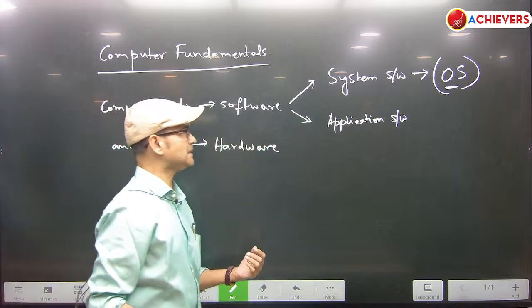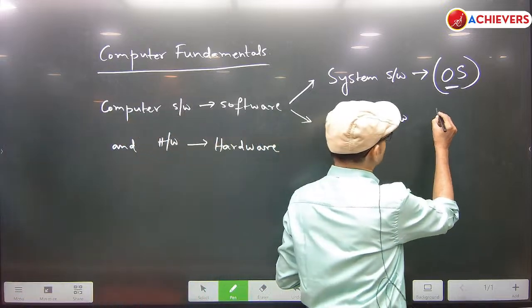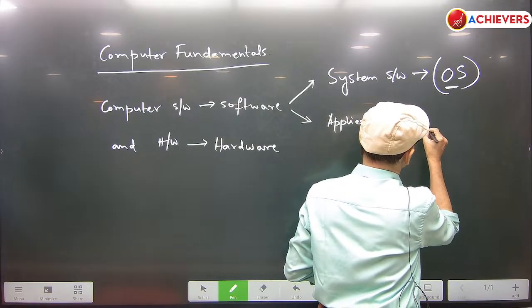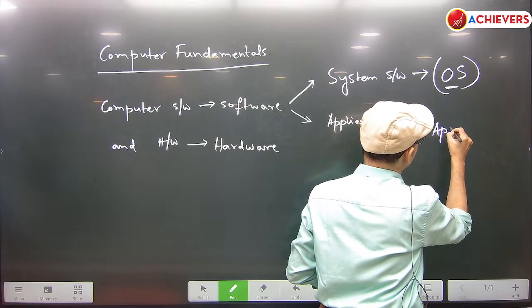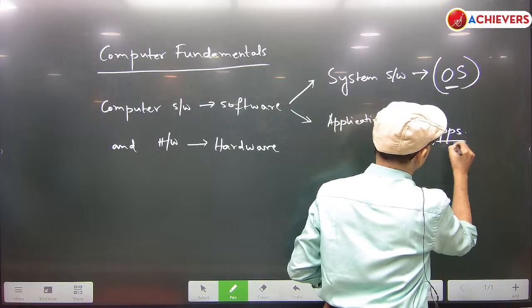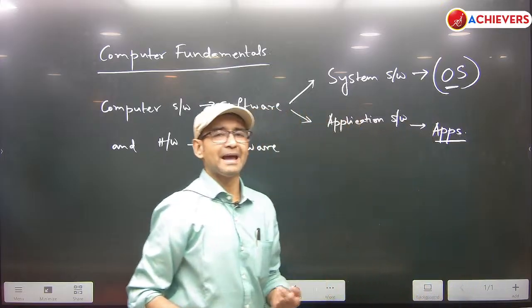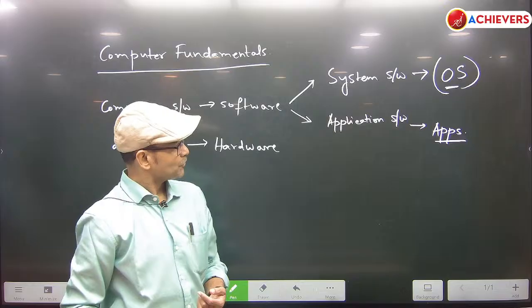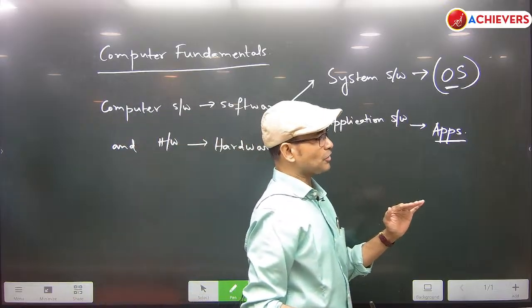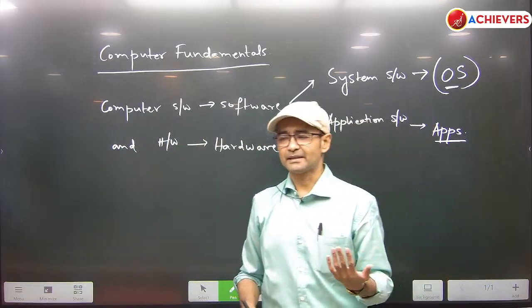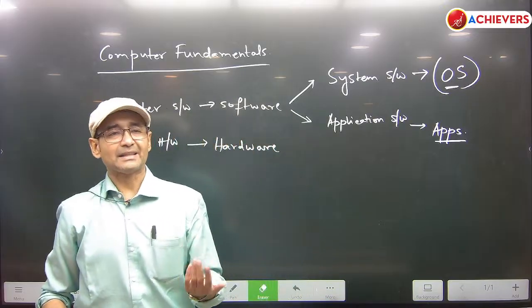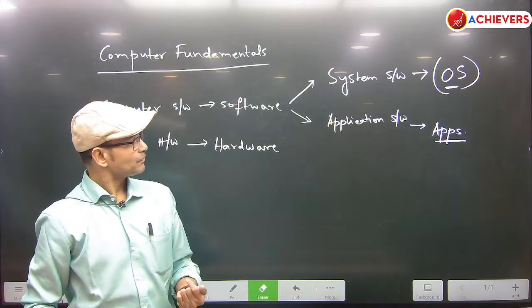One of the examples is the operating system. Now, application softwares, in short, nowadays we call app or apps. So, these apps are installed over the system software, or rather the operating system.